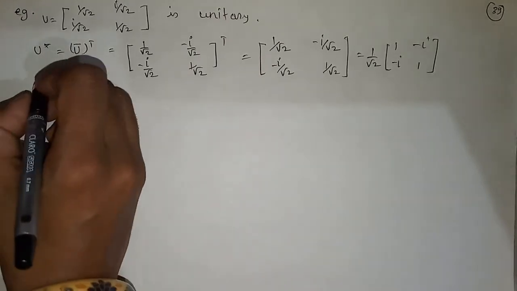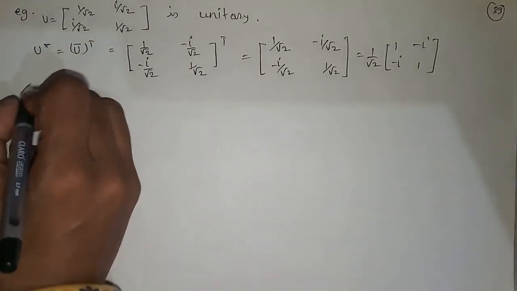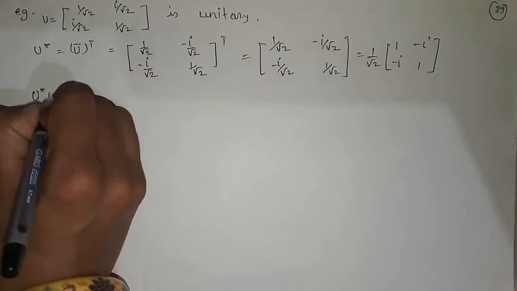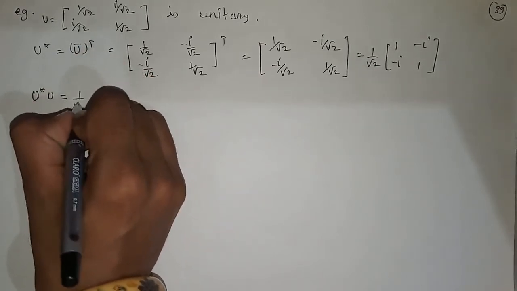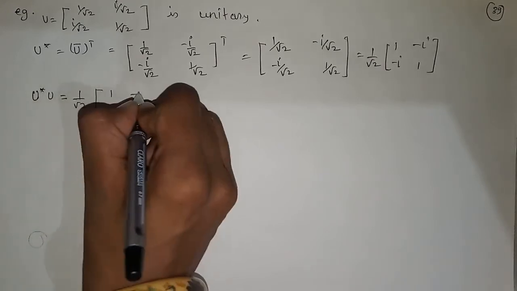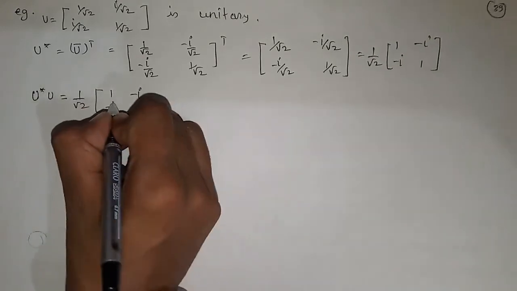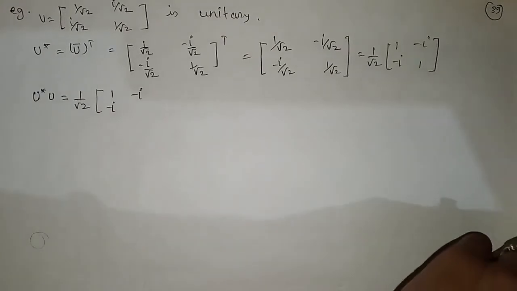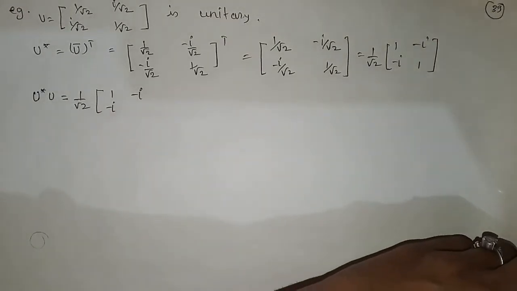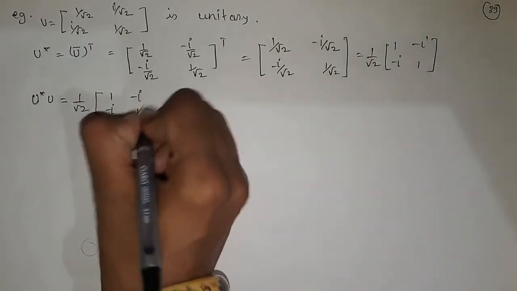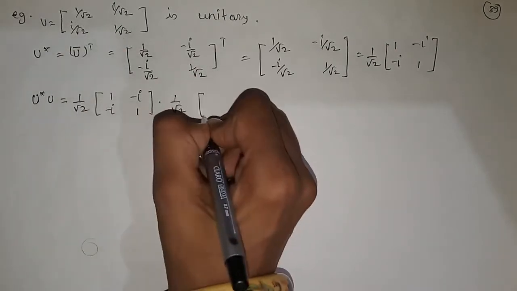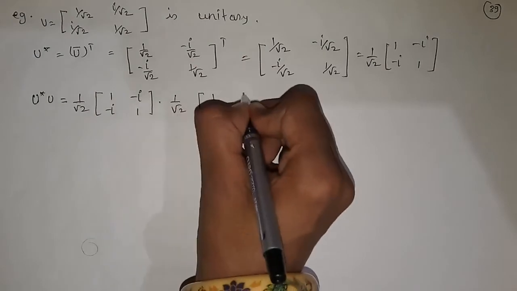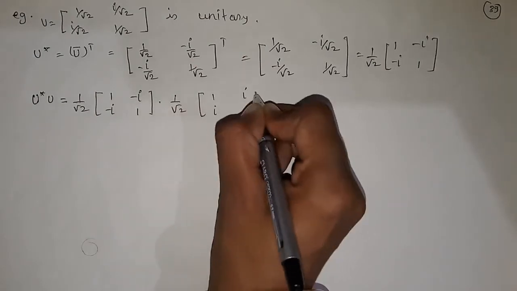Now we have to take product of U and U star. So U star U is equal to, so U star we have 1 by root 2, 1 minus i, minus i 1, and U as 1 upon root 2 again outside, this becomes 1 i, i 1.